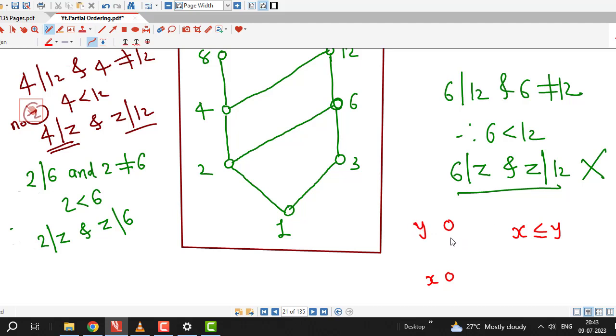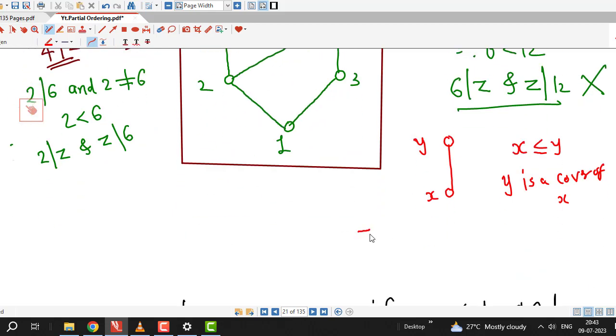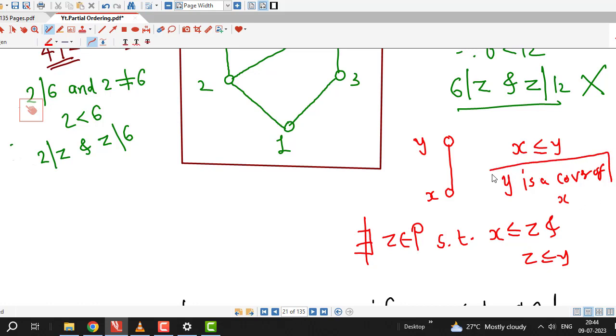Similarly, we will join y and x by a line segment if y is a cover of x. Y is a cover of x if there does not exist any z in the given partially ordered set such that x divides z, or x is less than or equal to z in general, or x is related to z and z is related to y. This is very important: the cover of an element.